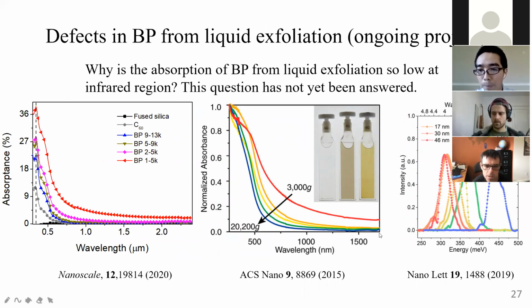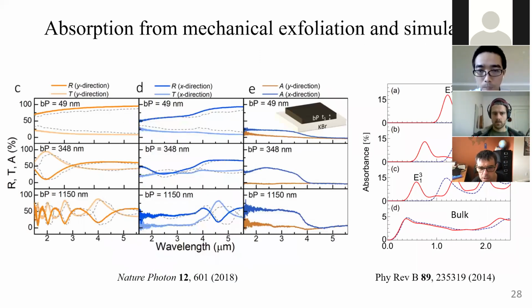Okay. And the next graph, I thought you had one. Oh yeah, that was an example, what you showed, the anomalous. This is mechanically exfoliated, and the absorption in, for example, the third graph is quite strong, and they have the absorption edge.